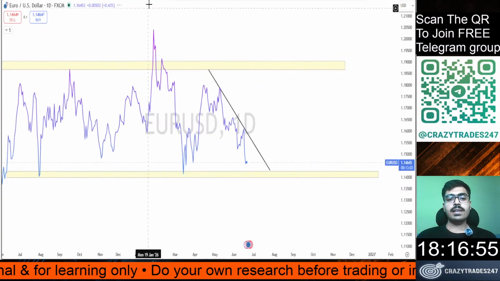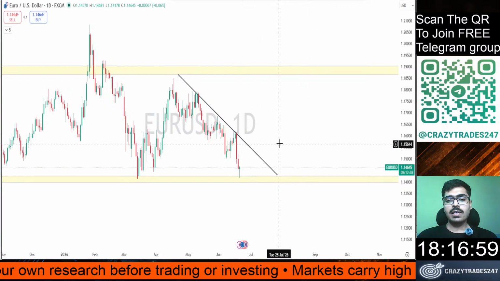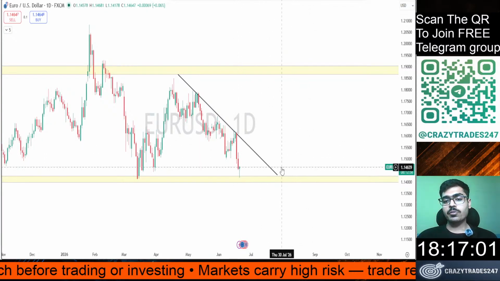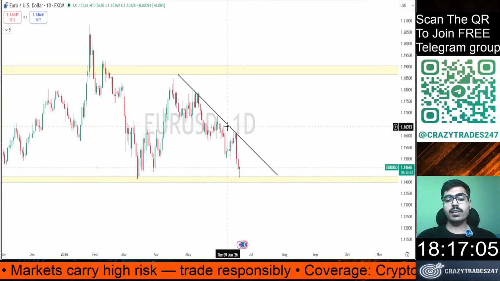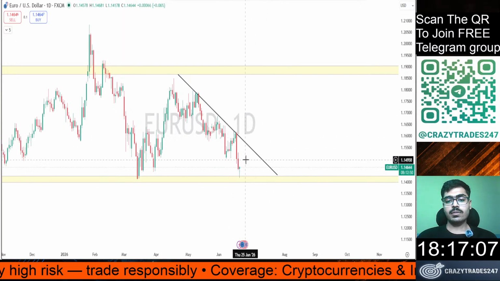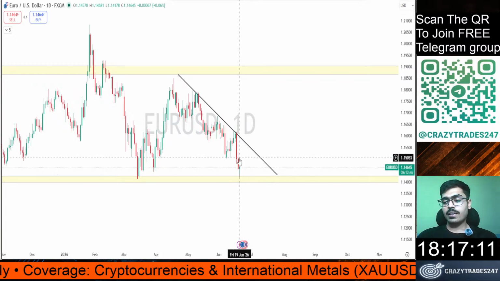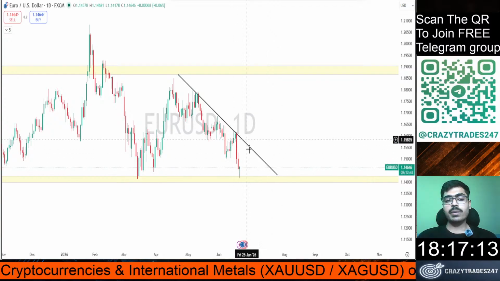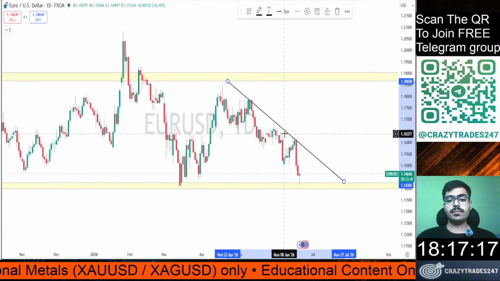So this is a trend line that price needs to give breakout from, and only after that we would be comfortable taking trades in the long direction, because there might be some consolidation here for some time, and following that consolidation, price might give breakout above this bearish trend line.